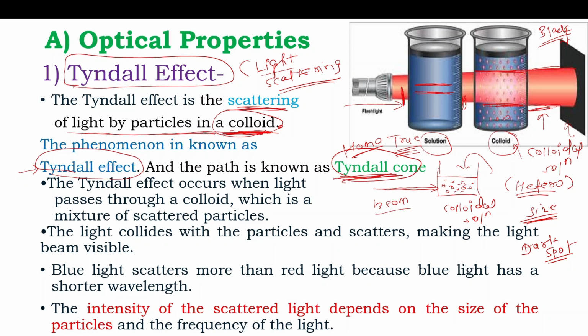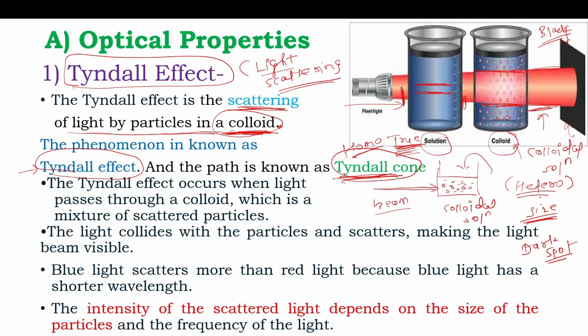But when we pass the light through the normal solution, that is a true solution, there is no scattering of light observed. So scattering of light only heterogeneous solution में observe होता है. So it is known as Tyndall effect.